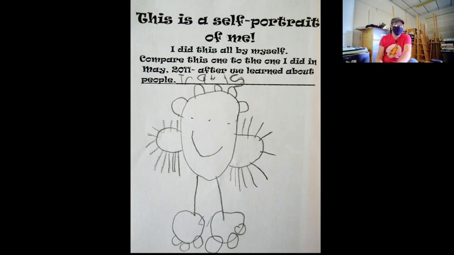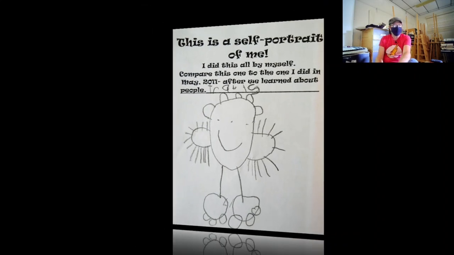Compare this one to the one I did in May 2011 after we learned about people. So that's meant for the parents or the guardians to be like, okay, this is something that the teacher didn't hold your hand through. You did it on your own. And I should go and look at another one to compare it. And that will tell me how you've been doing.